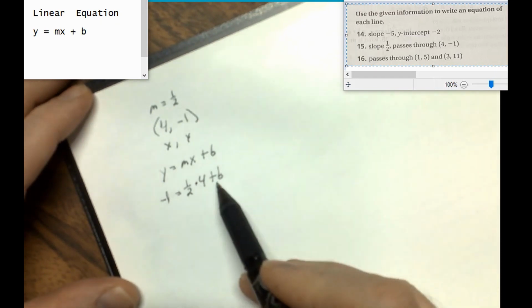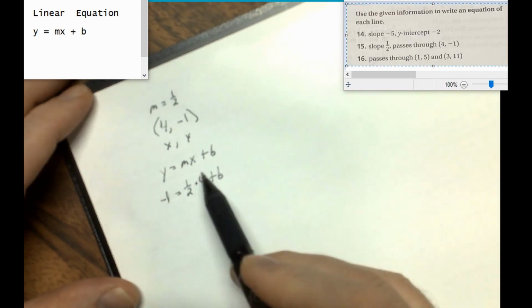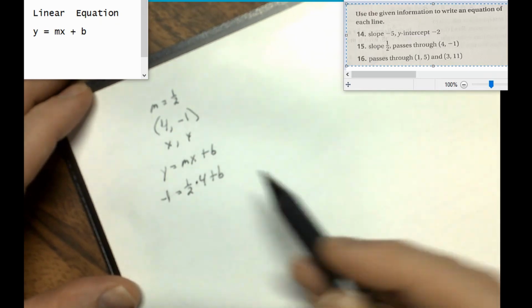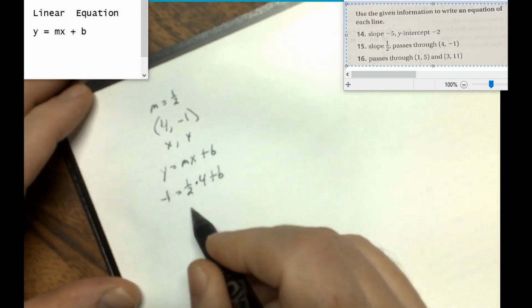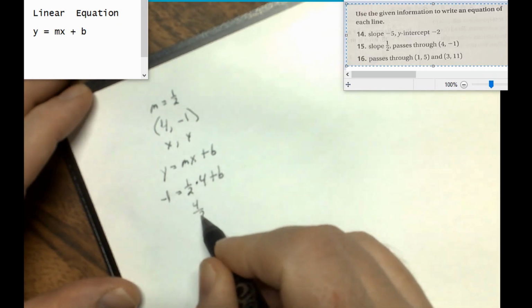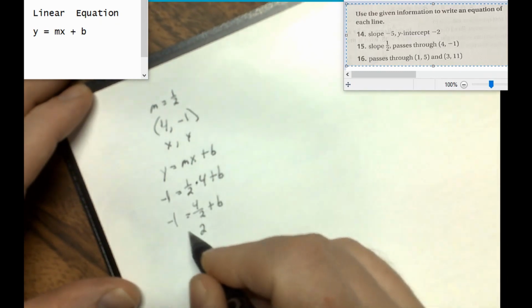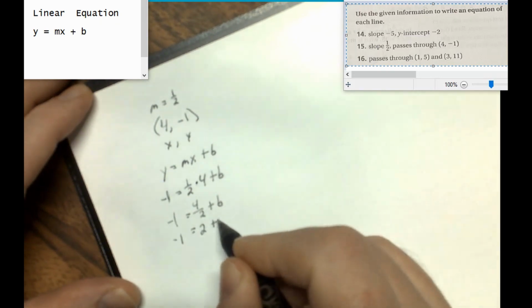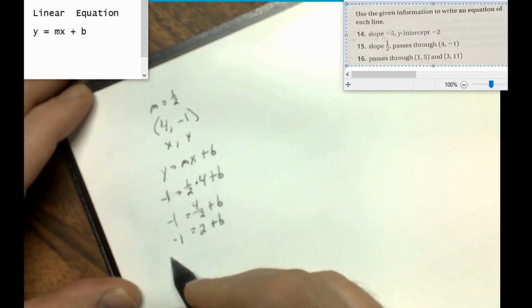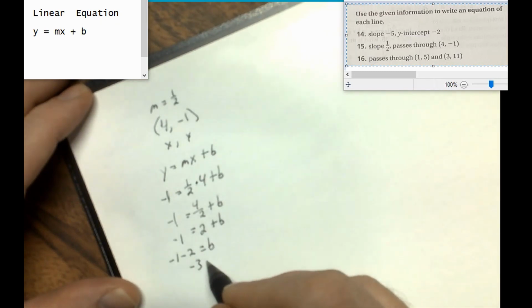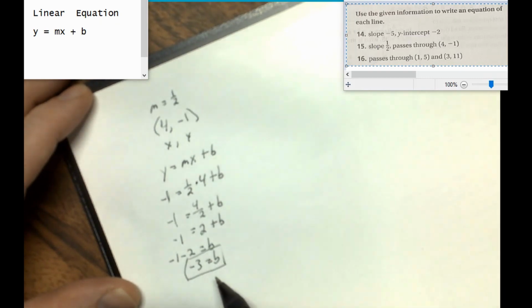What we want to do is work out the value of b to plug it back into our final equation, so we need to work these out first. 4 times 1/2 would be 4 over 2, which is 2, plus b, which we can swing around to make it -3 equals b. So that's our first value that we can use.